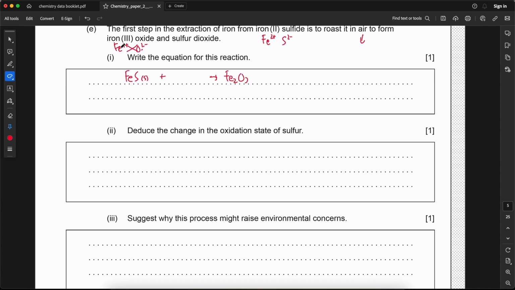So crisscross will be Fe2O3 and SO2, because it will produce sulfur dioxide. As you can see here, the products contain only oxygen. Therefore, the gas in air is oxygen. And now you balance them. That would be 4, 7, 2, and 4.